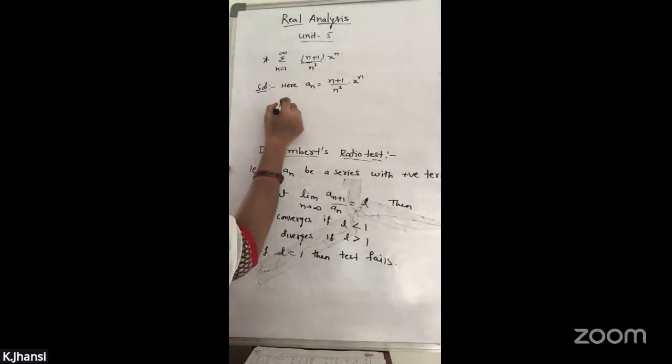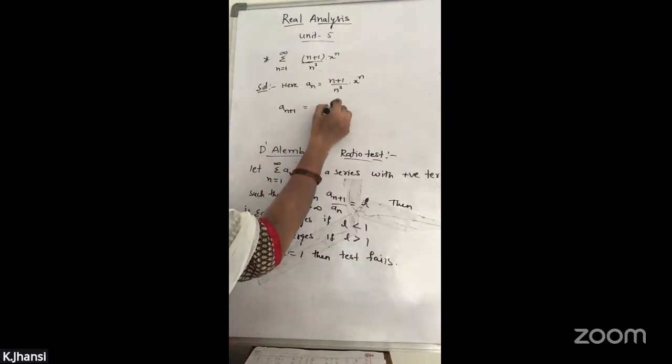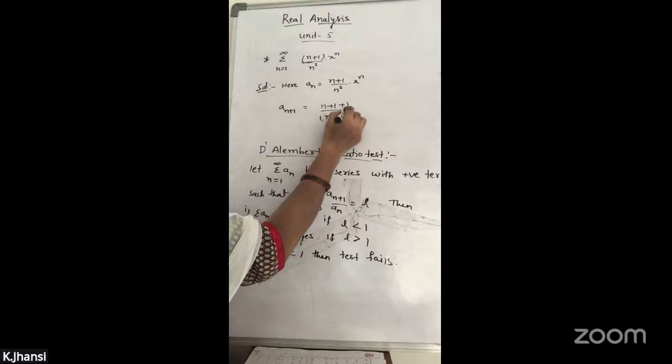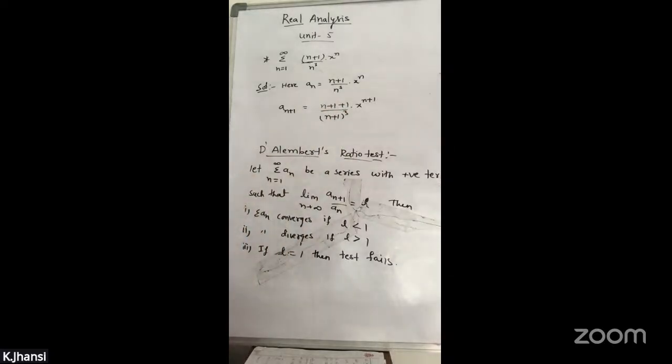Okay, we need an plus 1, that is, in place of n we have to substitute n plus 1. So if you substitute, you get n plus 2 by n plus 1 whole cube, into x to the power of n plus 1.